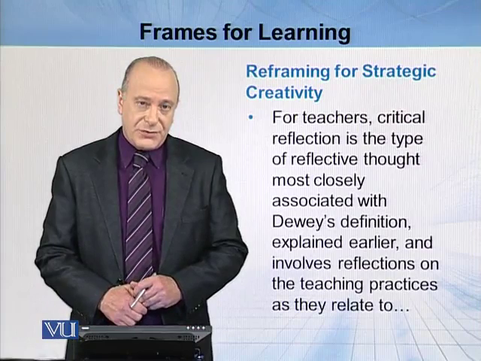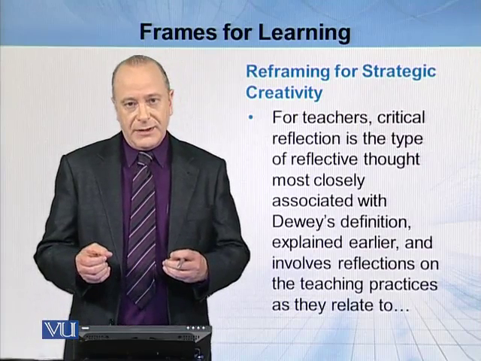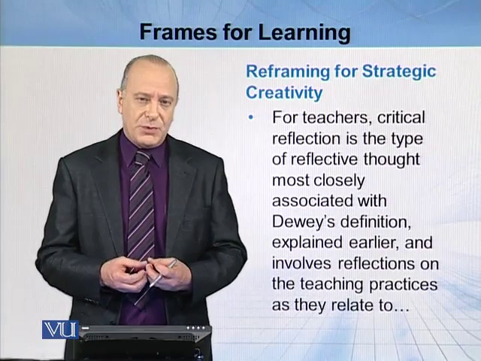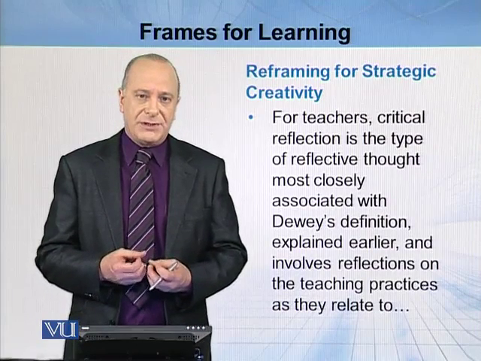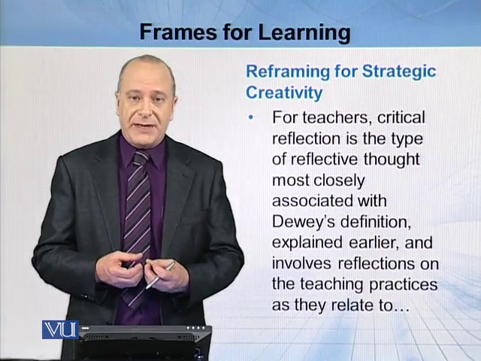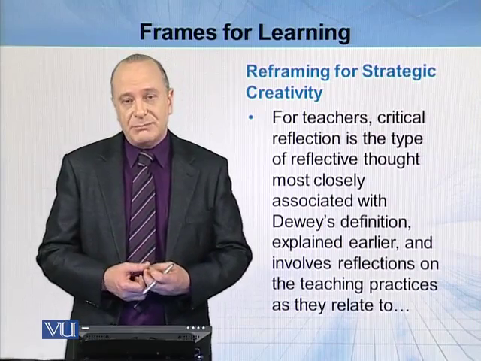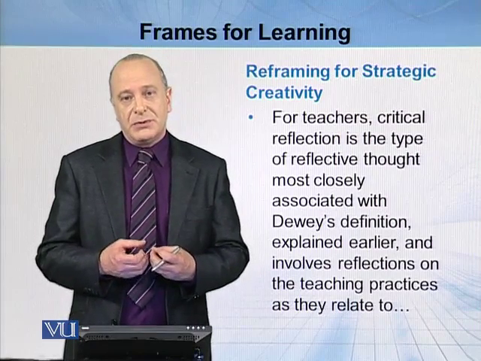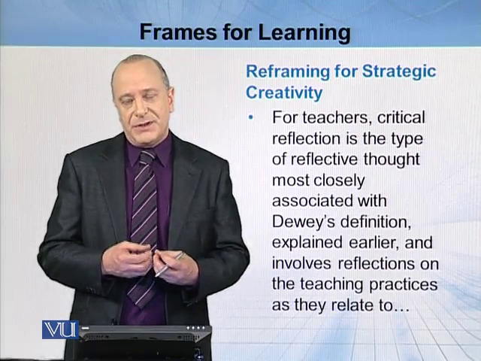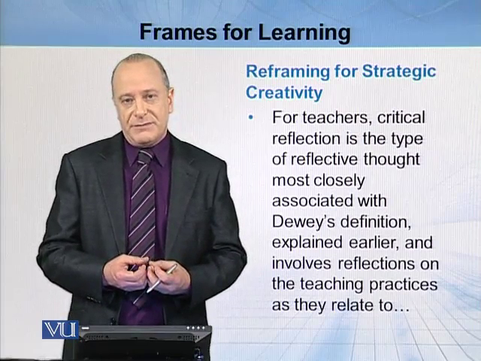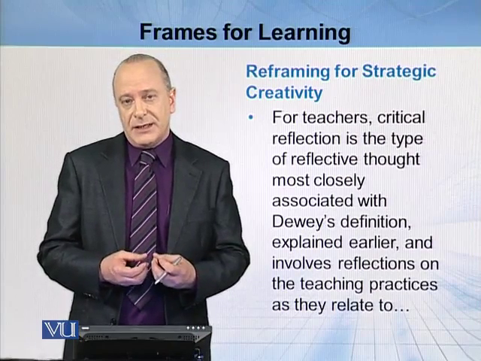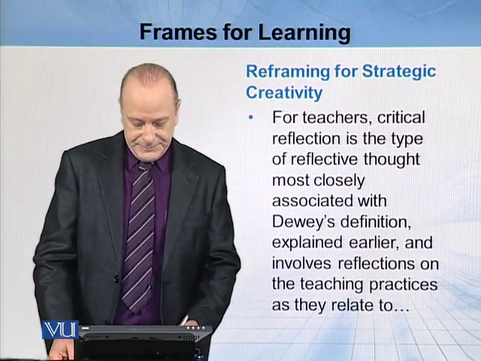So for teachers, critical reflection is the type of reflection which is most closely associated with models of teaching and models of reflection which we've looked at in the past. Some of the foundation models we were looking at, for example, Dewey and Schoen, both define processes for reflection which taxonomies tend to reflect quite closely.